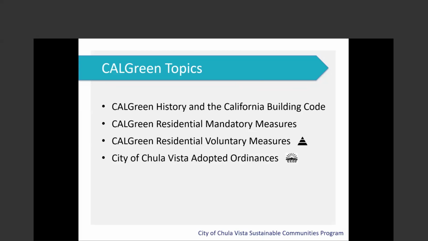You'll also see two icons here and throughout the presentation. The 3-level triangle icon indicates where mandatory measures have a tier 1 or tier 2 voluntary measure associated with them. And where Chula Vista's green building ordinances are in alignment with CALGreen, you'll see the Chula Vista icon. Next, please.